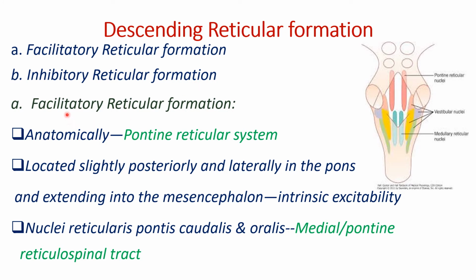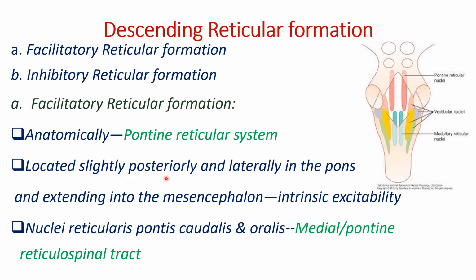The name facilitatory itself suggests that it facilitates, it stimulates or excites, it helps potentiate something. The facilitatory reticular formation is spread throughout the brainstem, but anatomically mainly the part located in the pons and midbrain, the pontine reticular formation, and some also extending into the brain, is considered the facilitatory reticular formation.